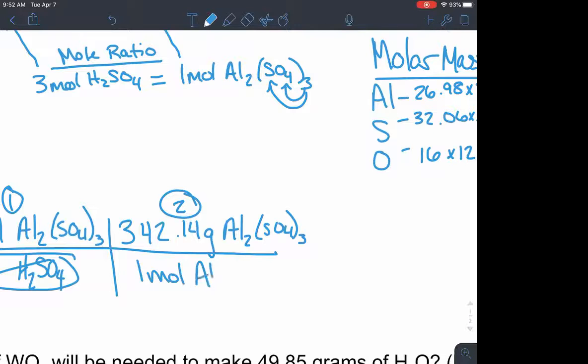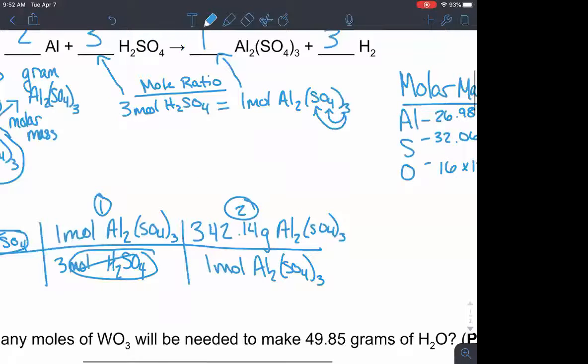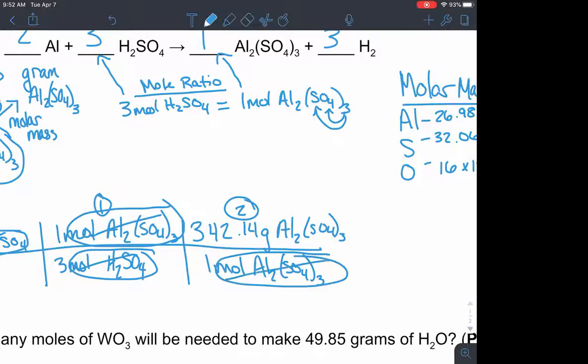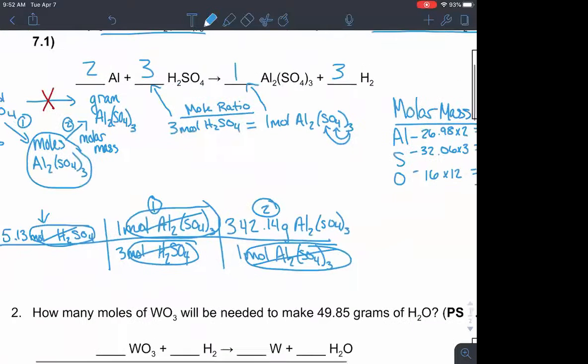Perfect. That way our units of moles of Al2(SO4)3 get canceled, and we're left with just grams of aluminum sulfate.